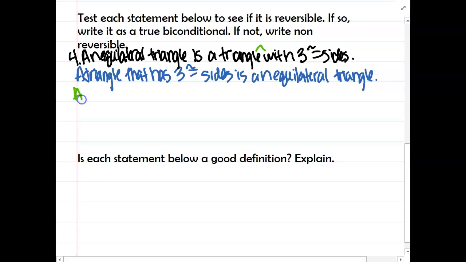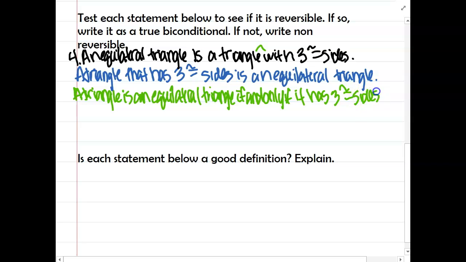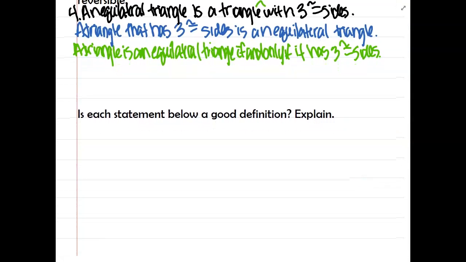So we're going to say a triangle is an equilateral triangle if and only if it has 3 congruent sides. Okay, let's do one more of those.